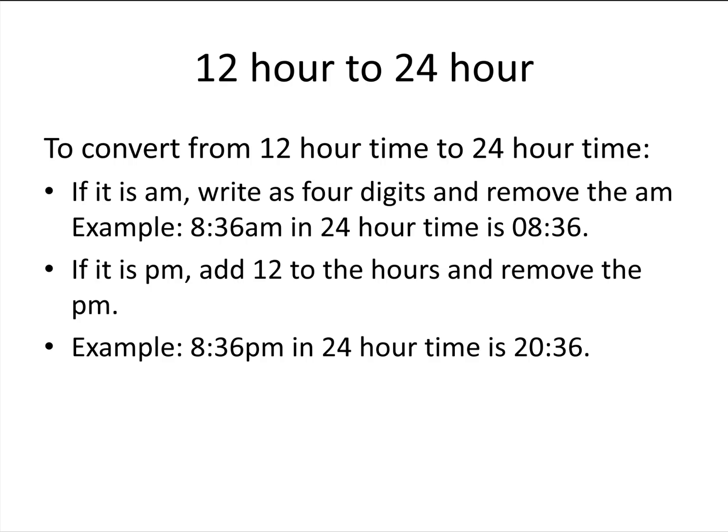We're adding on the midnight to noon. We can't have PM because that's how many hours after midday it is. Well, if it's 1300, it's not 13 hours after midday, so PM doesn't make sense. So example, 8:36 PM in 24-hour time, I add on 12 to the hours, 8 plus 12 is 20, the minutes stay the same, giving me 20:36. No PM, it is not 20 hours after midday, it's 20 hours after midnight, so PM would make no sense.